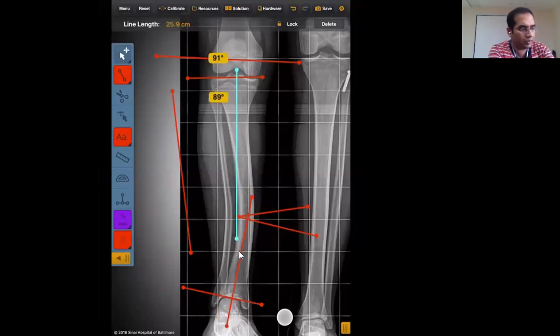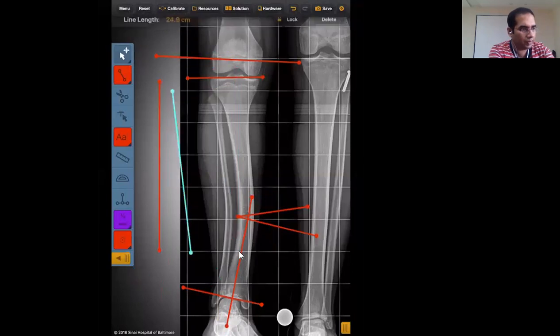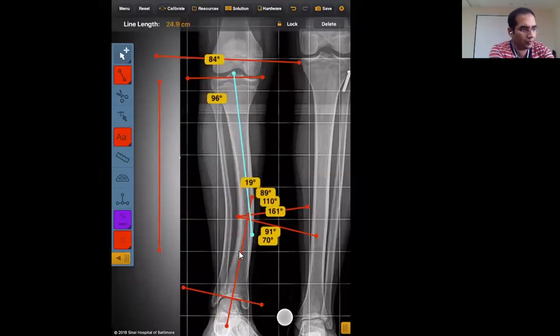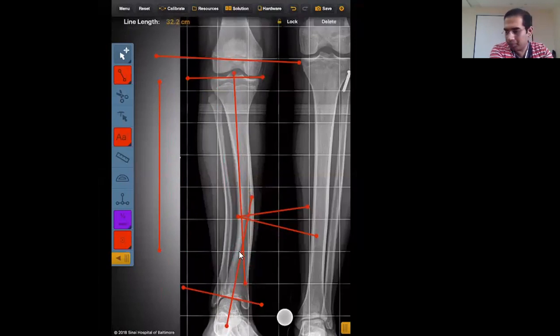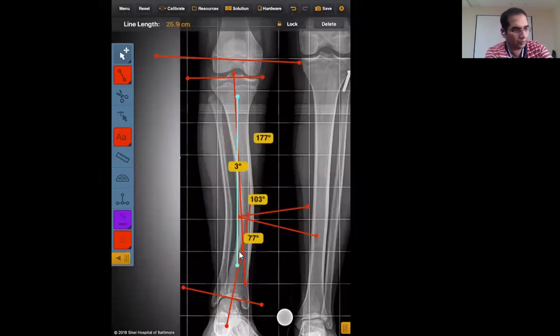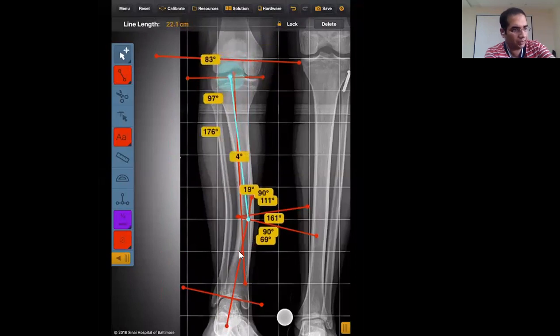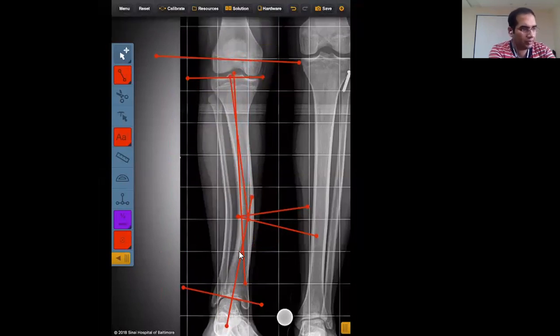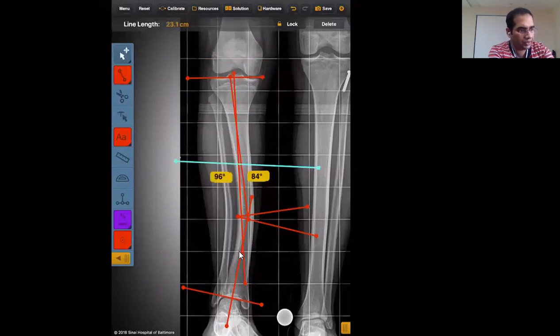These are all my original lines. This was my initial CORA, and this CORA joint. Now what I simply need to do is an osteotomy. This was my angulation correction axis.